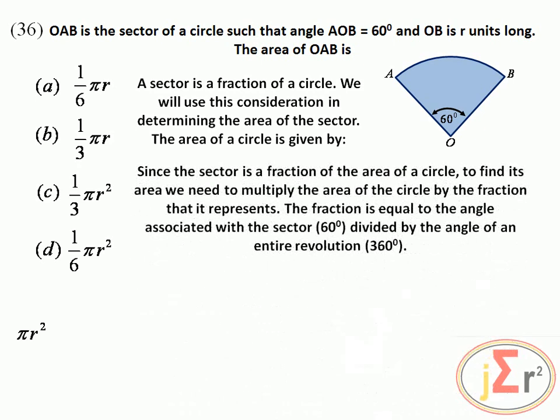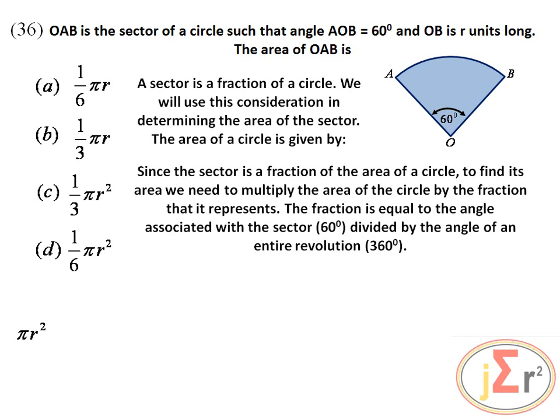Since the sector is a fraction of the area of a circle, we should say that the area of the sector is a fraction of the area of a circle. To find its area, we need to multiply the area of the circle by the fraction that the sector represents.